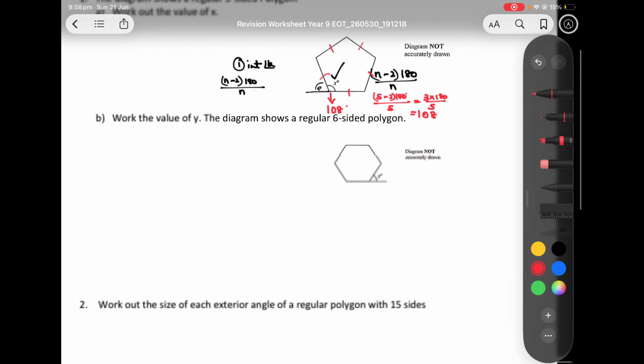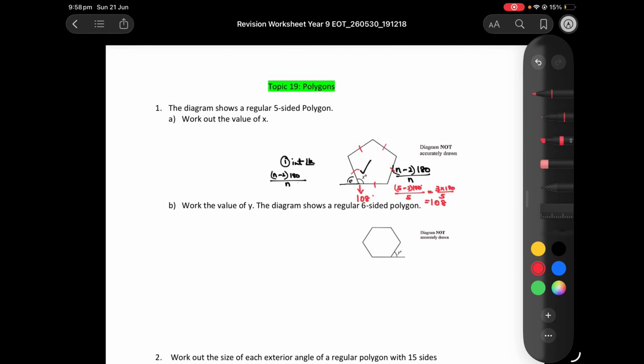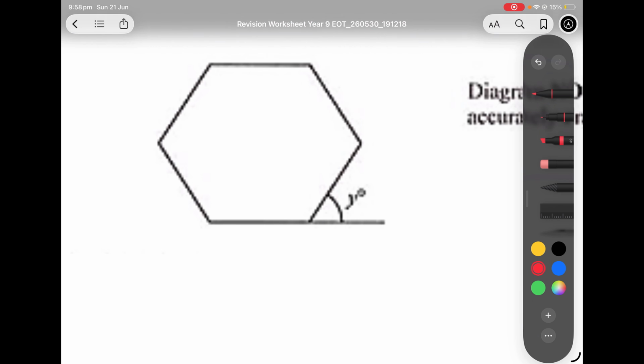Now moving to the next question, work out the value of y. How can I calculate y? First, when nothing is given, I have to find the interior angle. How would I find it?